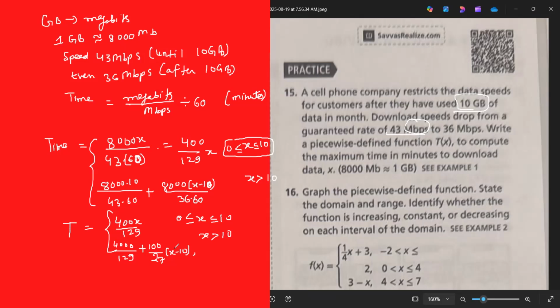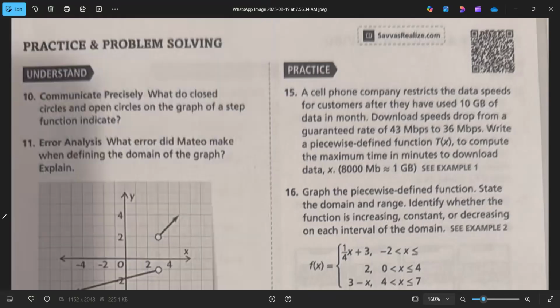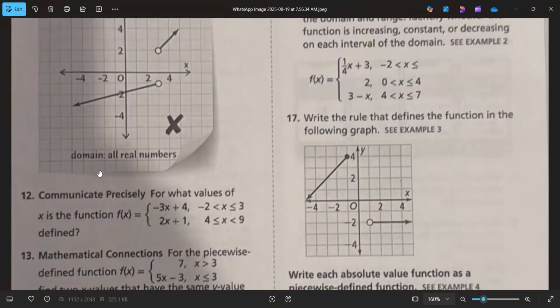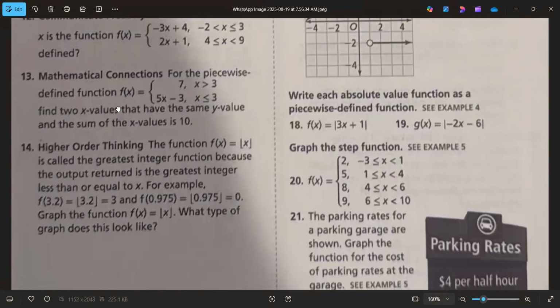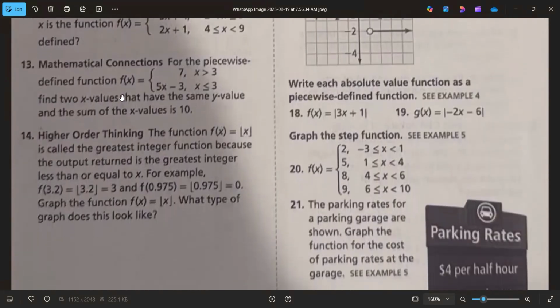Can we do question 18? Just go down. Write each absolute value function as a piecewise function. I already told you how to solve this.